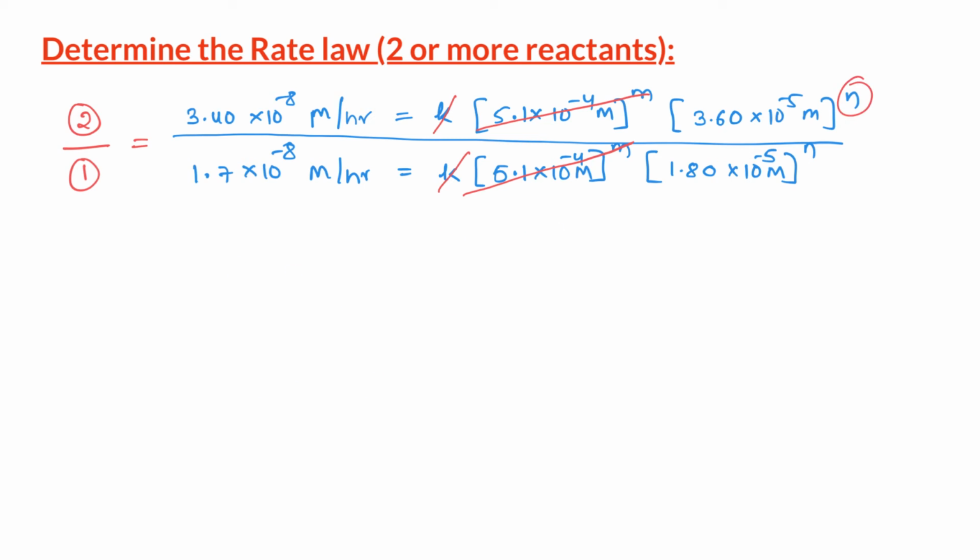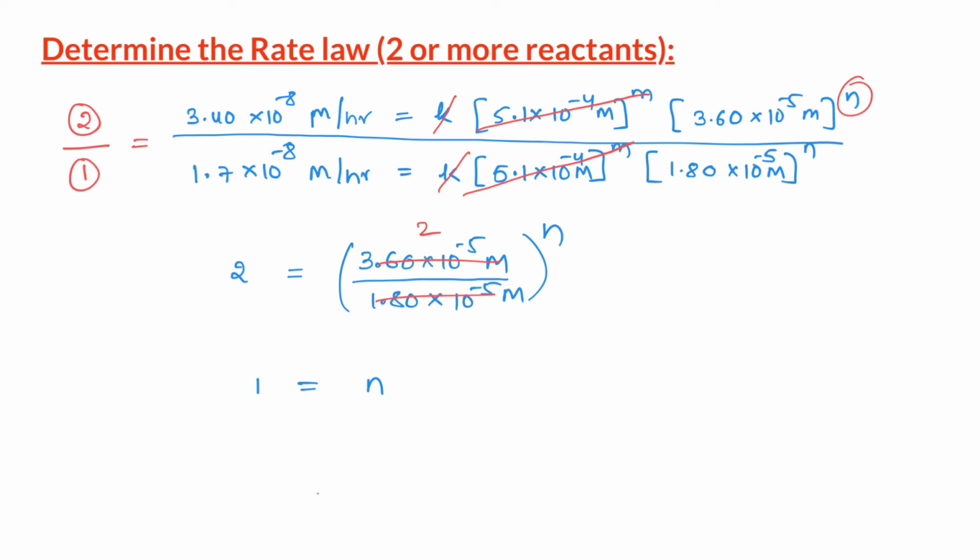If we do the math, we get n is equal to 1. So, if we hadn't kept the concentration of carbon monoxide constant, we would end up with two variables, m and n, and only one equation, which is very difficult to solve.